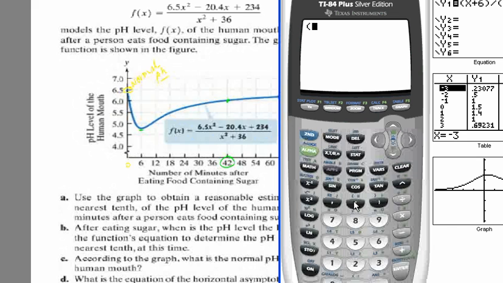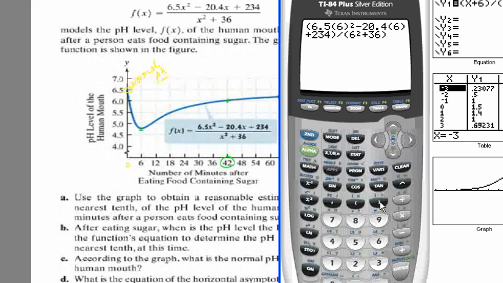Let's use our parentheses. And it's going to be 6.5 times the number we want. We're putting in 6 minutes. 6 squared minus 20.4 times 6 plus 234, and it's that quantity divided by x squared plus 36. 6 squared plus 36.